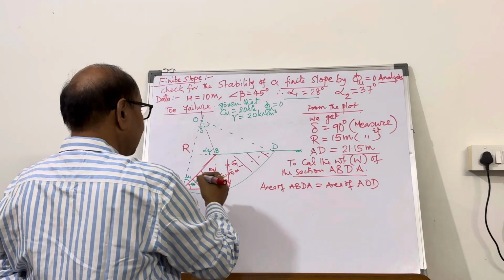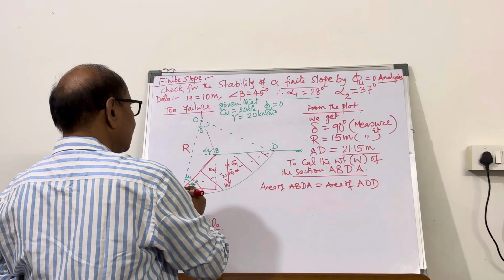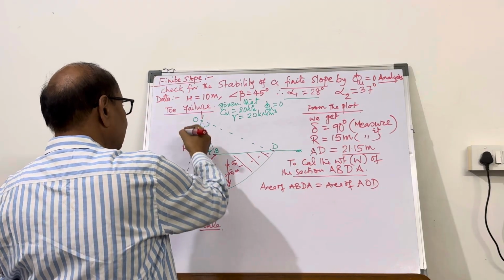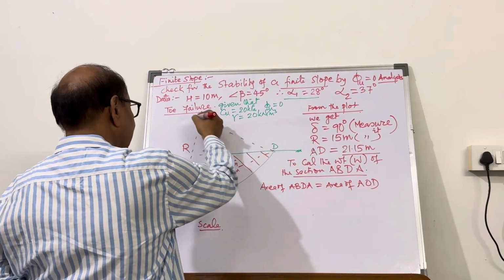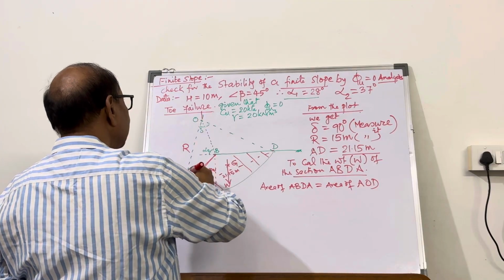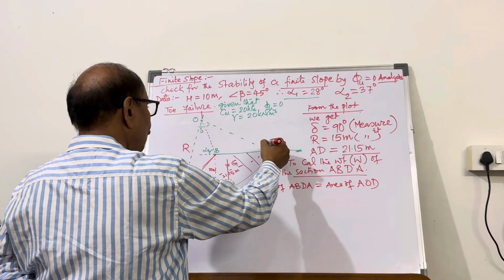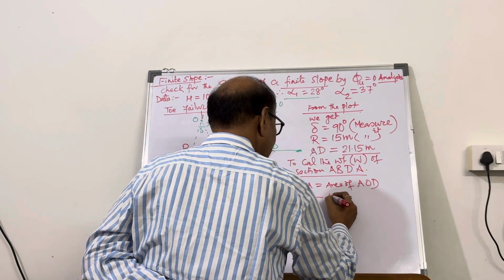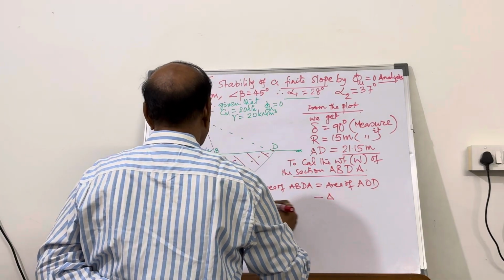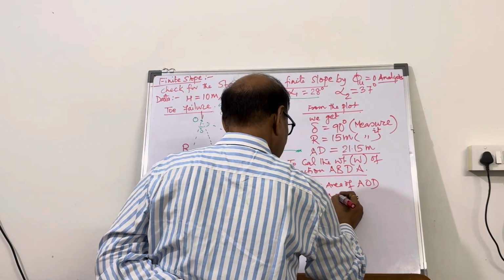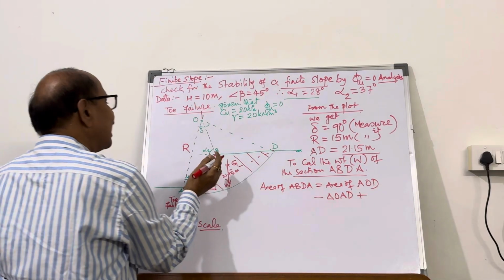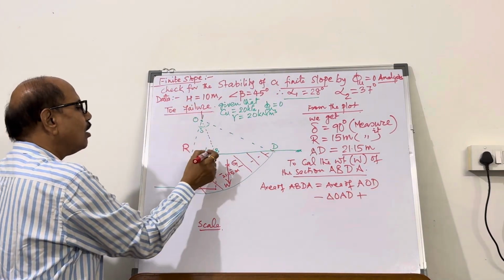Now, from this, you can take out this triangle AOD, minus triangle OAD. This triangle is completely taken out.